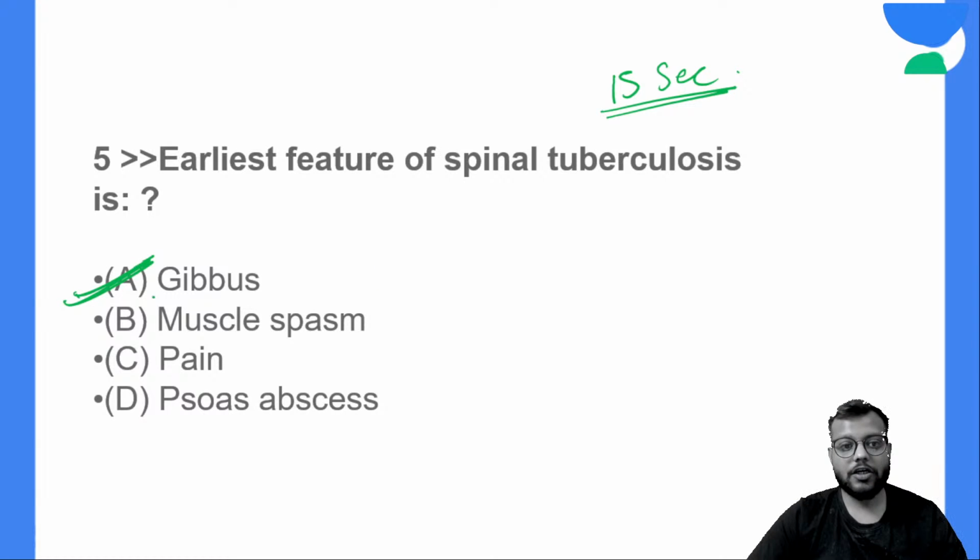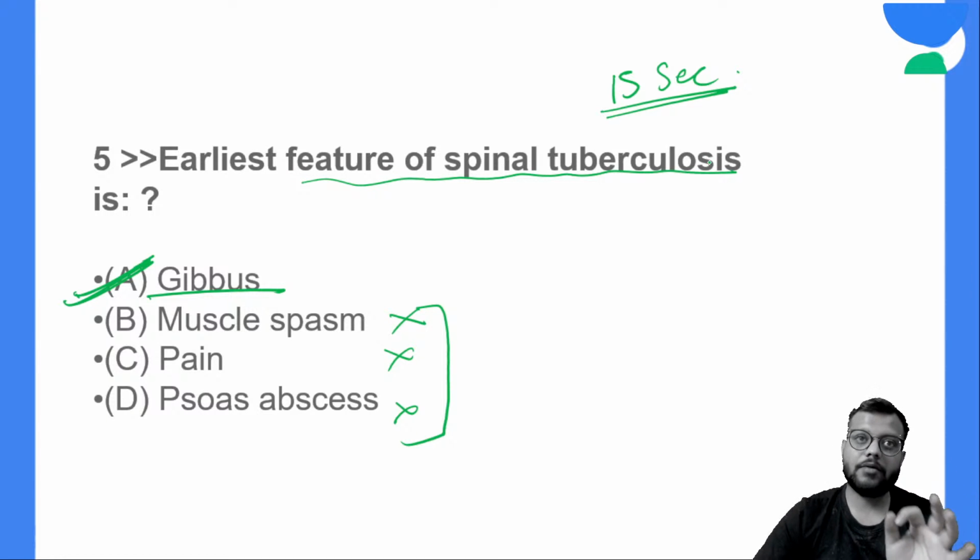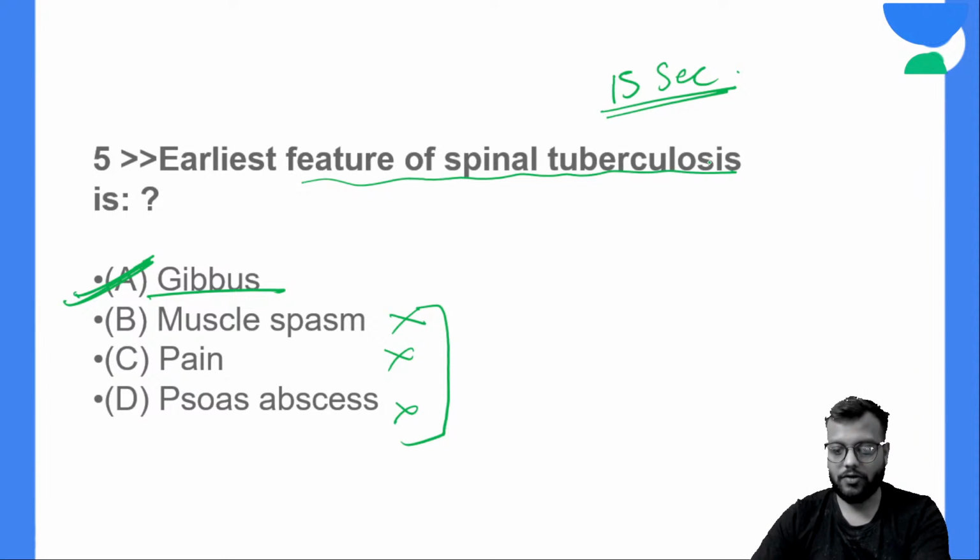Now you will say, sir, you told us gibbous occurs in late stages, but remember muscle spasm, pain, cold abscess, these are not the earliest features of spinal tuberculosis. But gibbous is a characteristic feature of spinal tuberculosis.